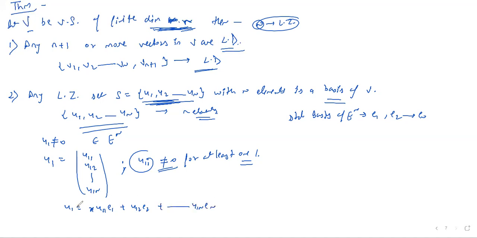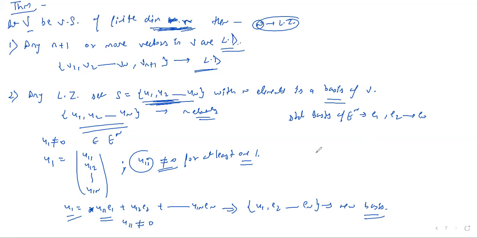And by using the replacement theorem, if the coefficient of the e1 vector, which is u11, is not equal to 0, then I can replace vector e1 by u1. Then my new basis would be u1, e2 to en.